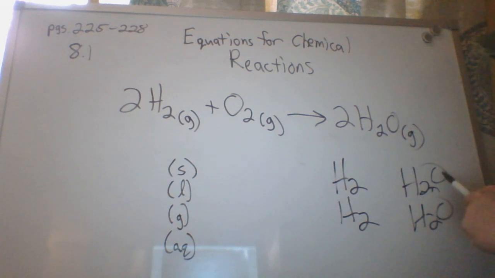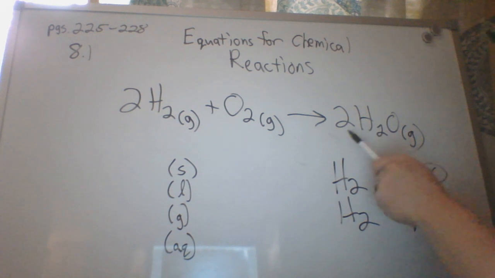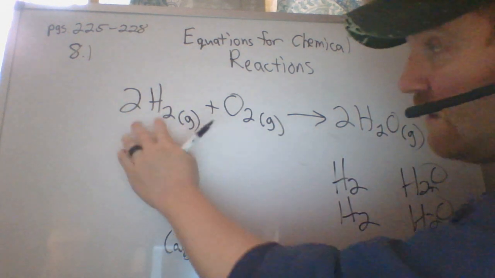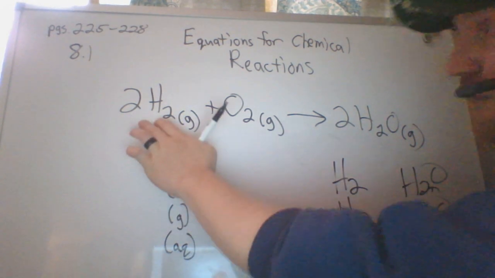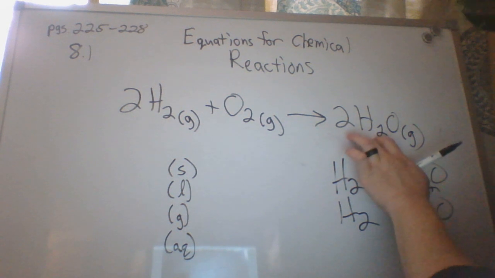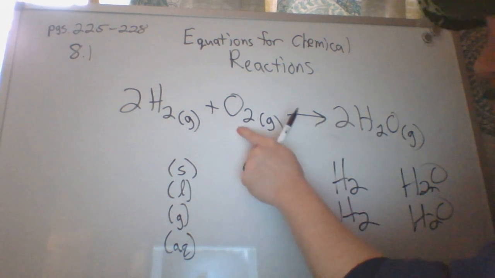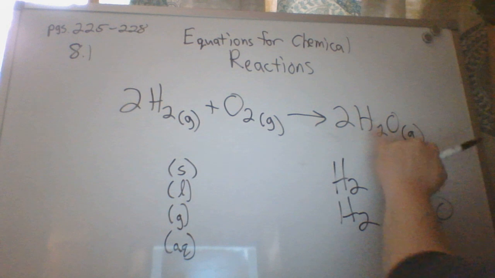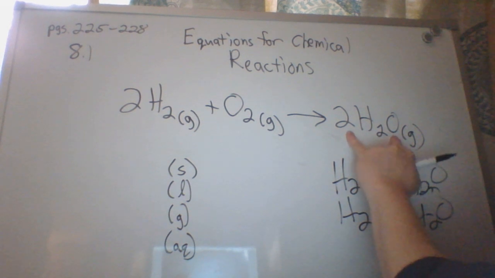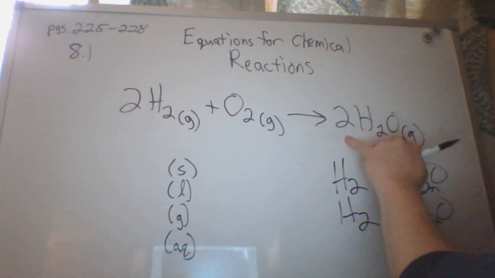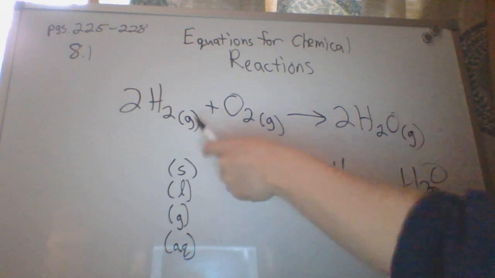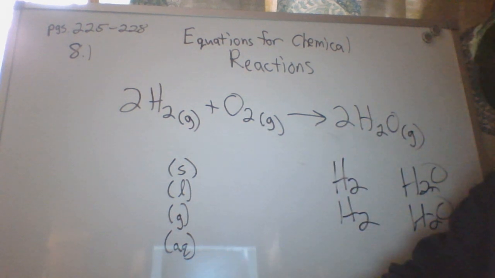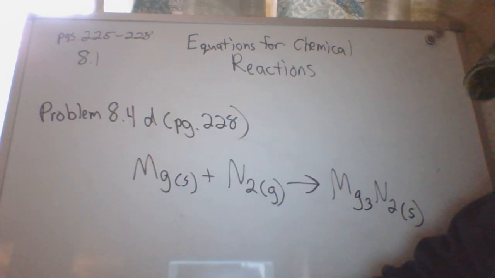Each water molecule has 1 oxygen, but there are 2 of them for a total of 2 oxygens. So quick recap, 4 hydrogens on the left, 4 hydrogens on the right, 2 oxygens on the left, 2 times 1, 2 oxygens on the right. This particular equation is balanced, and that's what they want you to identify in section 8.1.